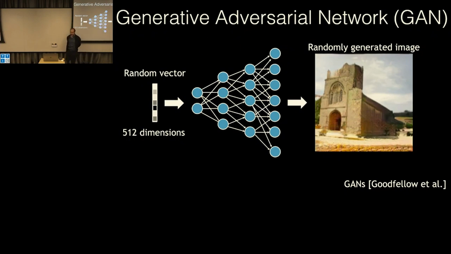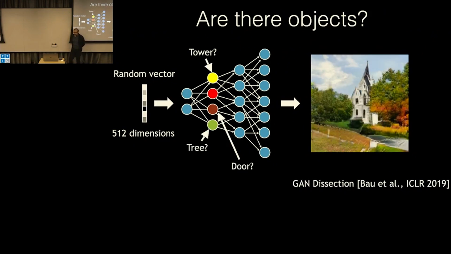And one of the things that we wanted to know at the time was, well, how is this working? How is it possible that this neural network creates this image, and has it discovered something else inside? So we were wondering if there were objects inside this neural network that had emerged internally, even though there were no annotations specifying what a tree is or what a building is, but is this localized in the neural network somehow?